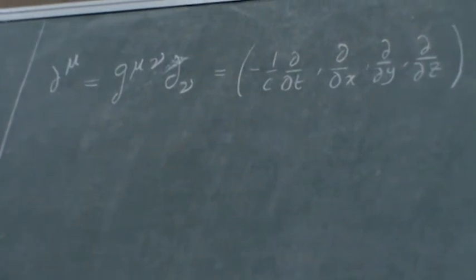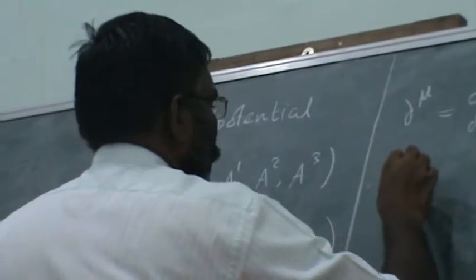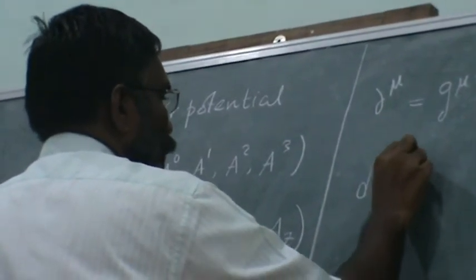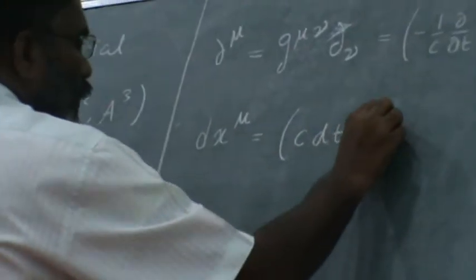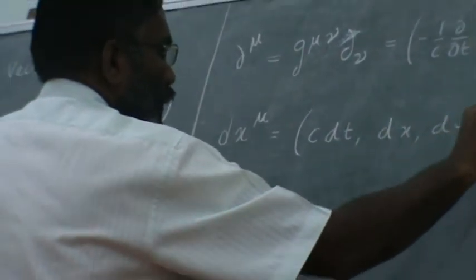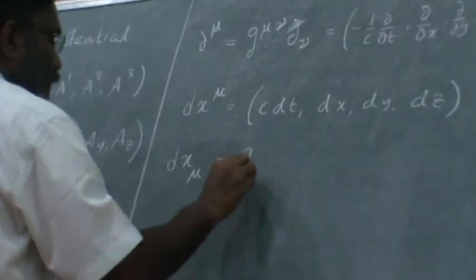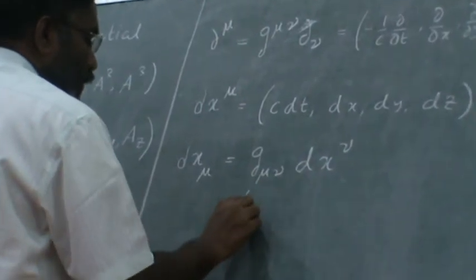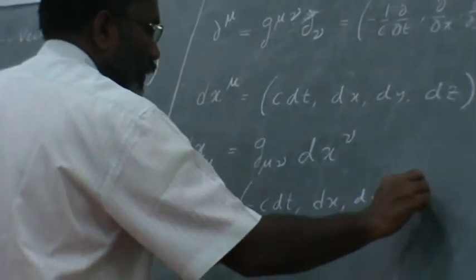And any quantity which is written in this form, for example, supposing you have dx^μ, which is equal to c dt, dx, dy, dz, and corresponding dx_μ you will get with g_{μν} times dx^ν, which is given by minus c dt, dx, dy, dz.